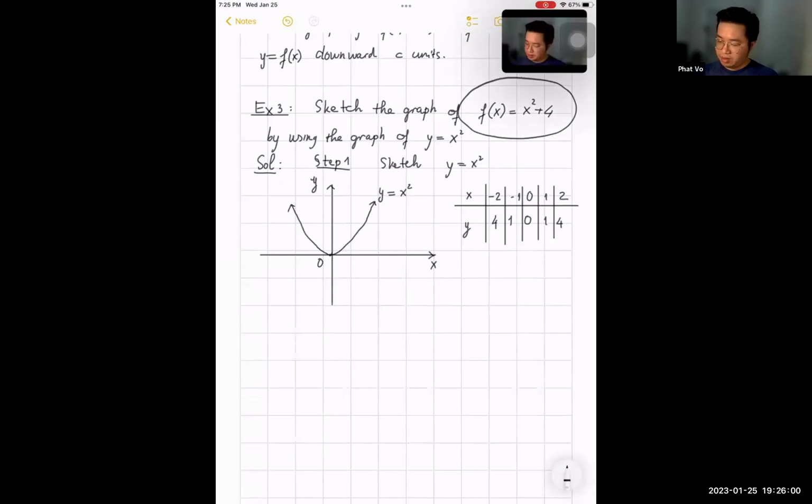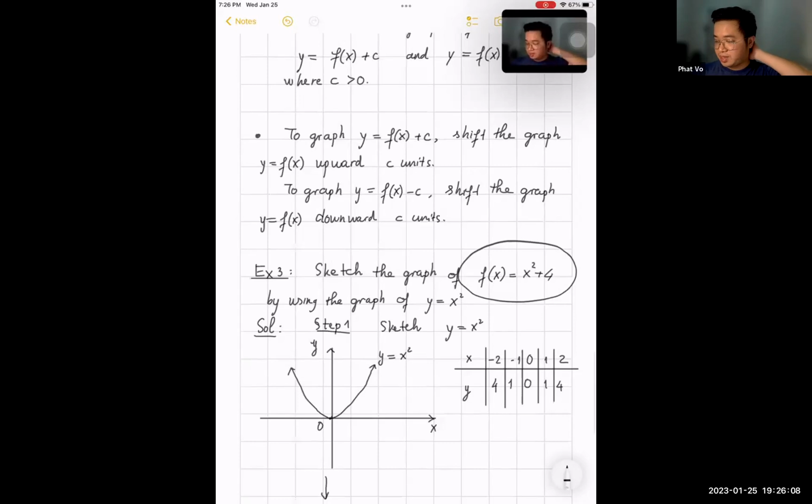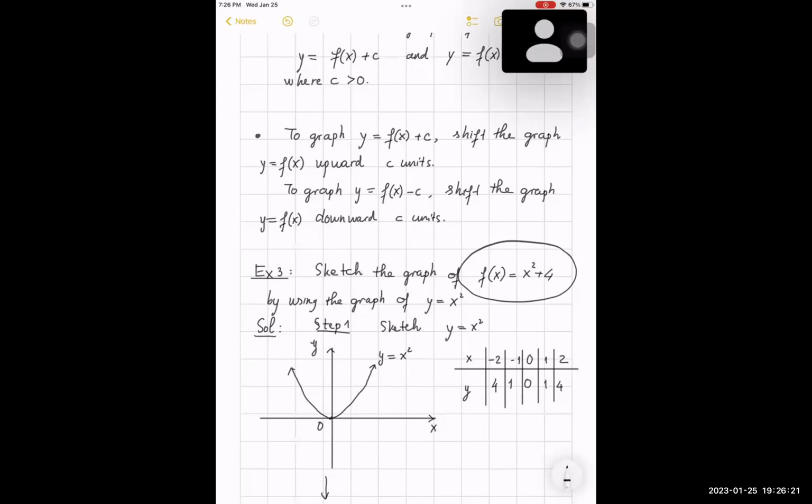How to do this? I will use the rule as I told you. To graph this one, should I move down or move up if I use the rule now? Could you tell me? You move up.